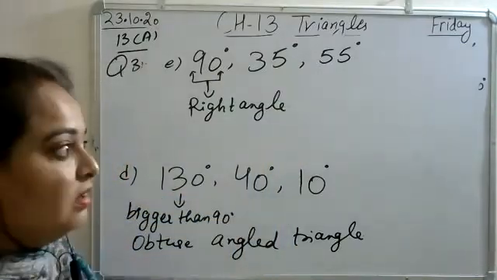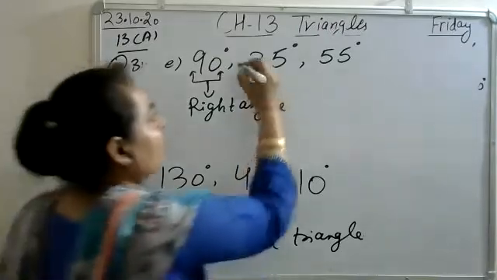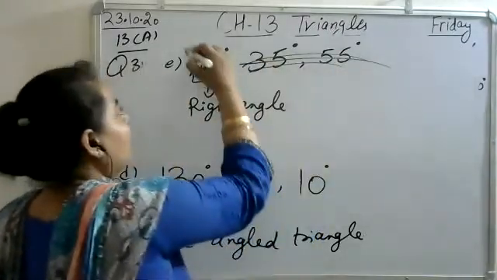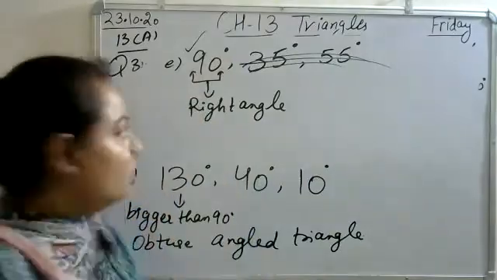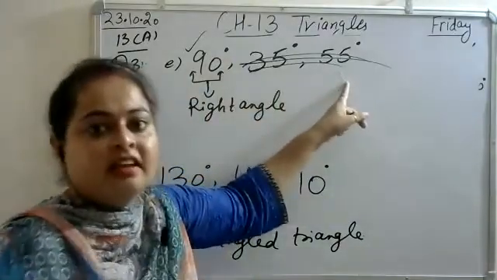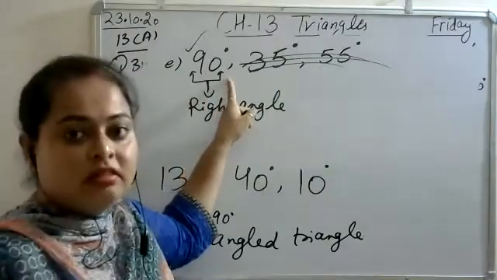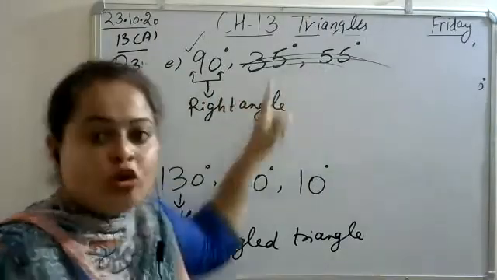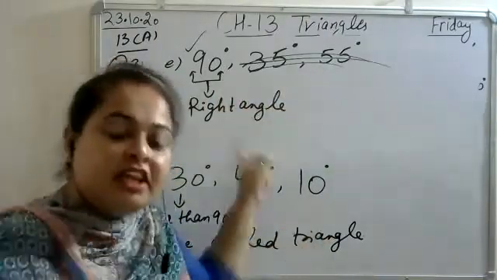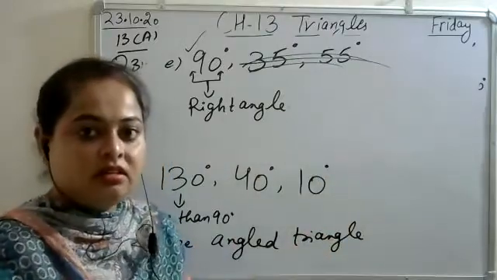मैम वो दोनों. बेटा दोनों को नहीं देखना, छोड़ो इसको. अगर एक 90 आ गया तो आपने इनको तो देखना ही नहीं है. तीनों को देख के आंसर करना है.